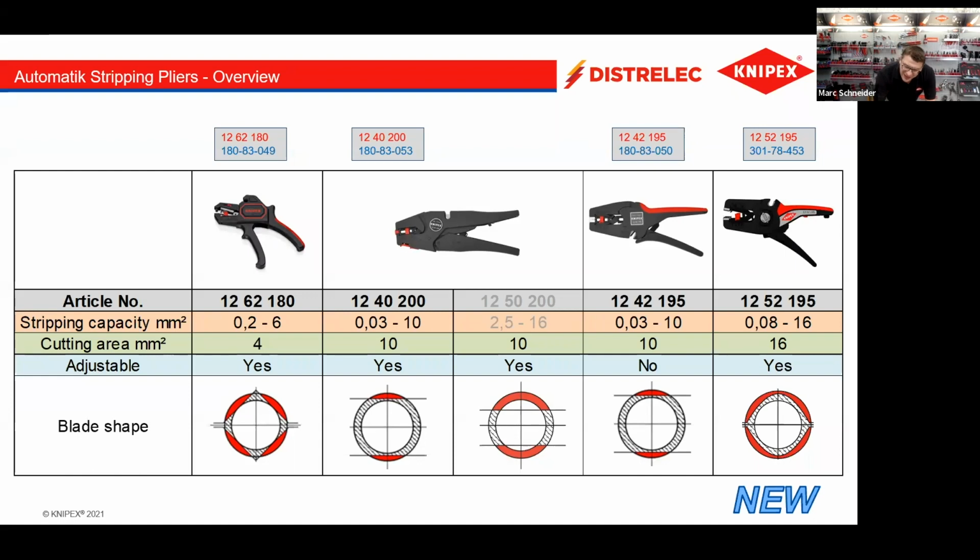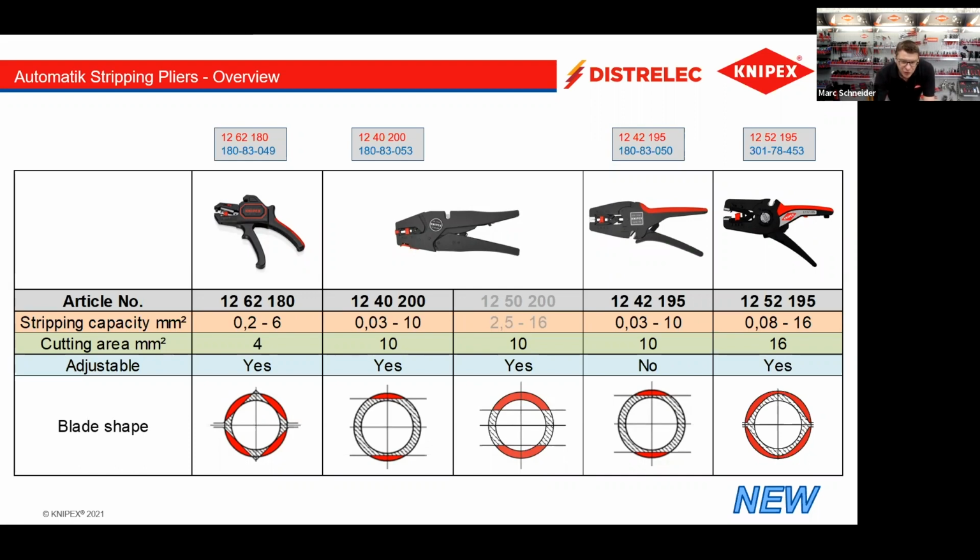So, okay, again, this is an overview with all our automatic wire strippers that Knipex has in its range. Again, the most important 3 factors are the stripping capacity that you see here, then the adjustability, if the tools are adjustable or not. You can see here, most of them are adjustable, not this version here.